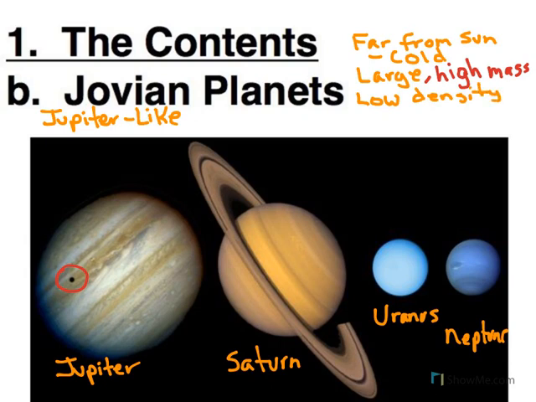And so from that, we know that their composition is primarily hydrogen and helium. Now these two abbreviations are the chemical symbols. H stands for hydrogen, He stands for helium. And when we talk about Jovian planets, we're going to see those two symbols quite a bit.